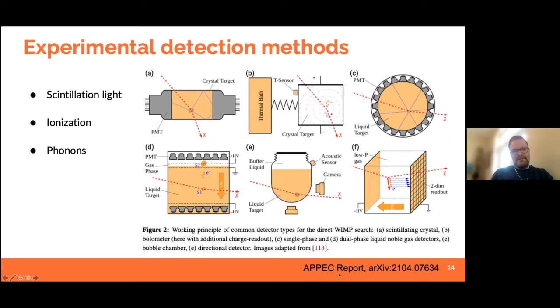If you're interested in this field, there is this report here, which is a nice summary of all the direct detection methods. And this schematic basically just summarizes what I just mentioned on the earlier slides. From these crystal targets, one can get scintillation light.